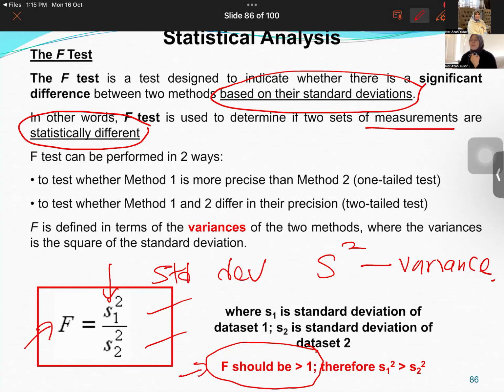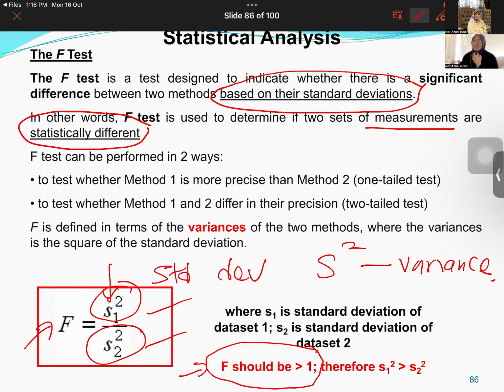So that the F value calculated is always more than 1. At this moment, you don't know whether S1 will be my lab or S2 will be CHM's lab. You have to calculate first. You have to make sure S1 is always greater than S2, then you calculate the F. I hope that makes sense.